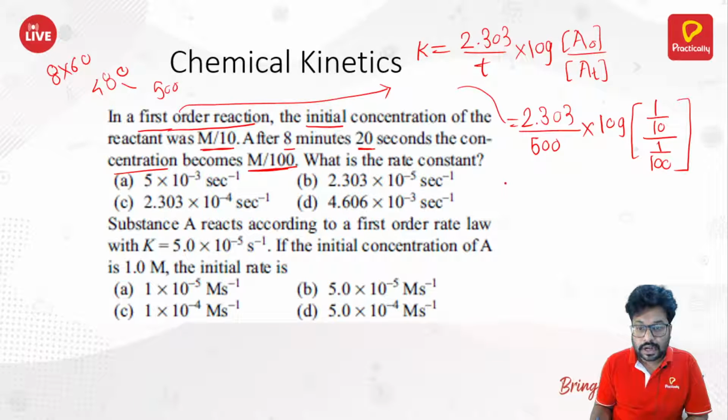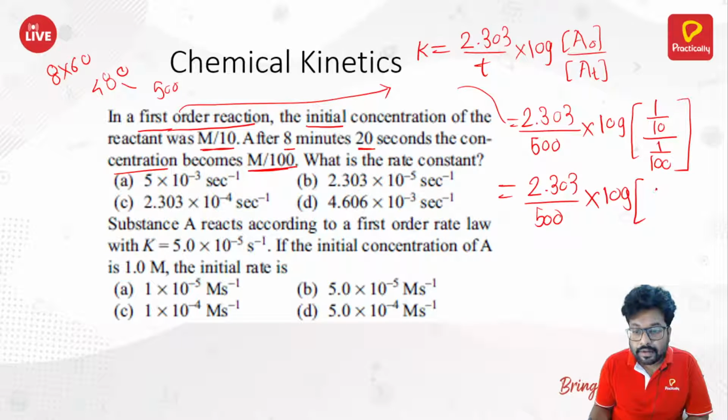So how can we calculate this? 2.303 divided by 500 into log of, what is 1 by 10? 1 by 10 is 0.1. What is 1 by 100? 0.01.